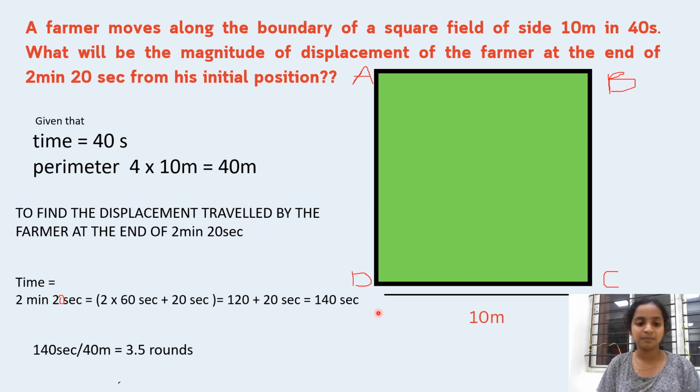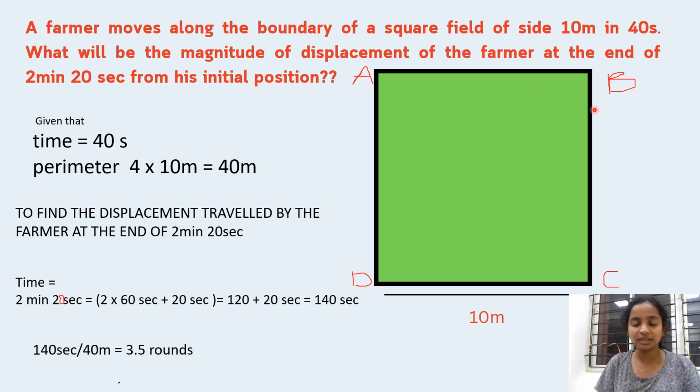So how to find? In 40 seconds, the farmer travels 40 meters. So in 140 seconds, the farmer will cover this square of 40 meters. So what we'll do? We will divide the given time by the given path, that is the perimeter of the square.